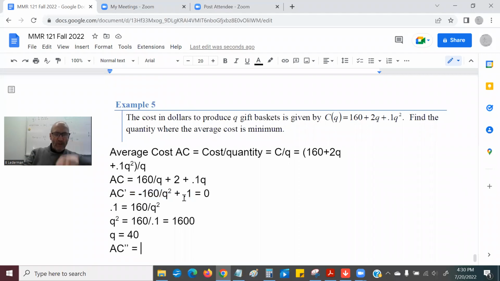So the derivative of negative 160 over Q squared is going to be positive 320 over Q to the third.